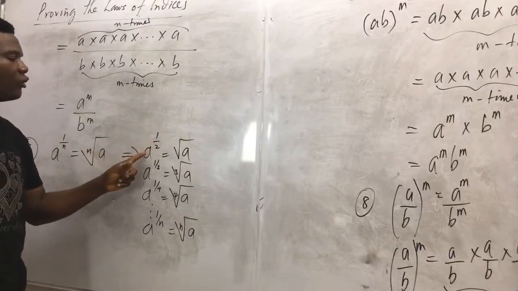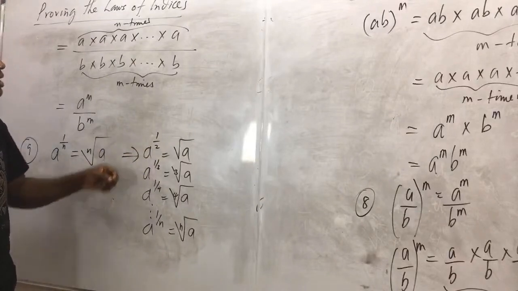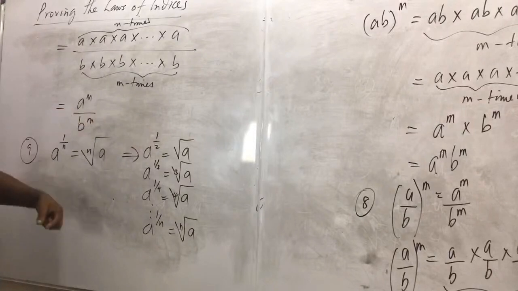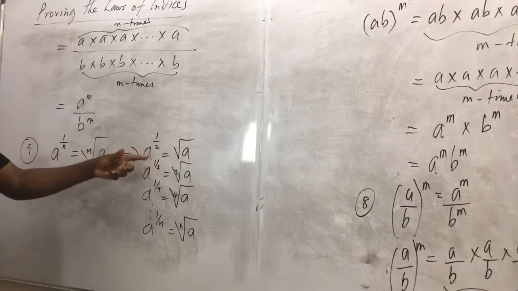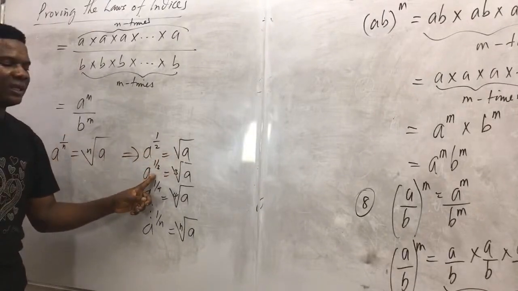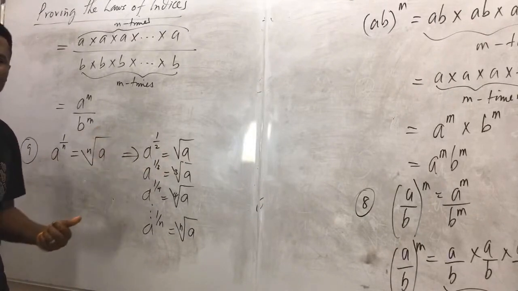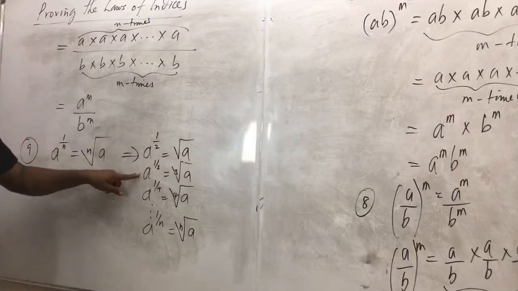Bearing in mind, please take note, that a raised to the power half, by definition, means you are referring to a result that will multiply itself 2 times to give a. So a raised to the power half is the square root of a. And a raised to the power 1 over 3 is the cube root of a, simply because you are referring to a result whose multiplication of itself 3 times will give a.